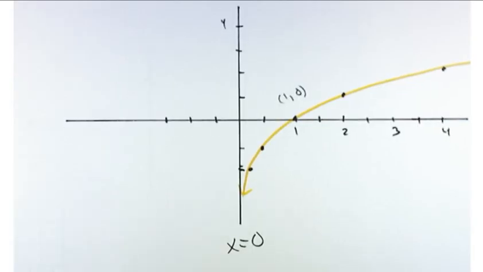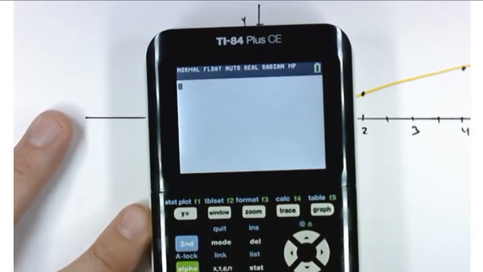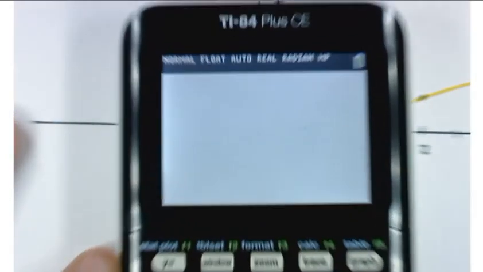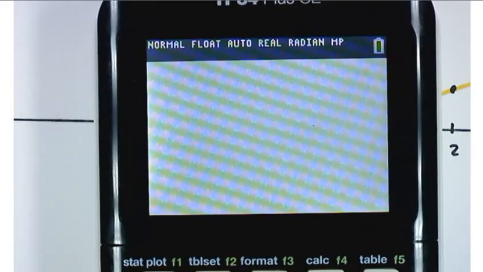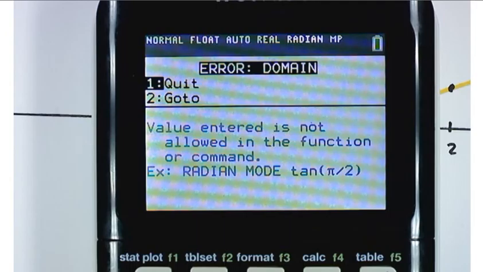If it does, then we should be able to take the log of 0. Now, we're not going to deal with the log base 2, but just try taking the log base 10 of 0. Type that into your calculator. What do you get when you try and take the log of 0? It should tell you in no uncertain terms. Domain error. All right, it's outside of the domain.